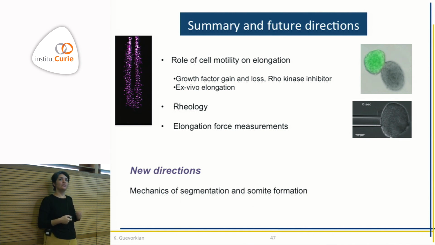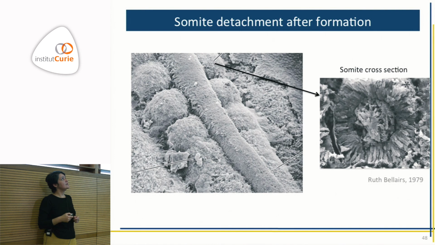And I will just take 2 minutes to tell you why I want to work on this. This is an electron microscopy picture of the somites. And I always find it fascinating, the way that your PSM here suddenly starts to form these balls of cells, and later they separate from the PSM.